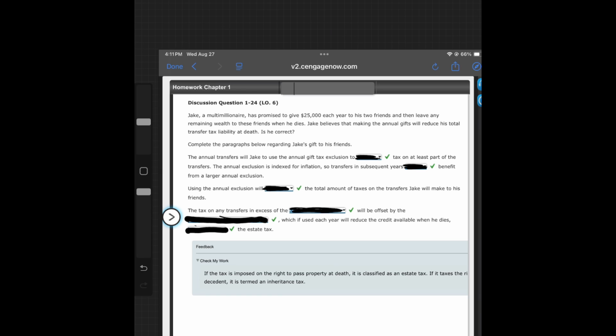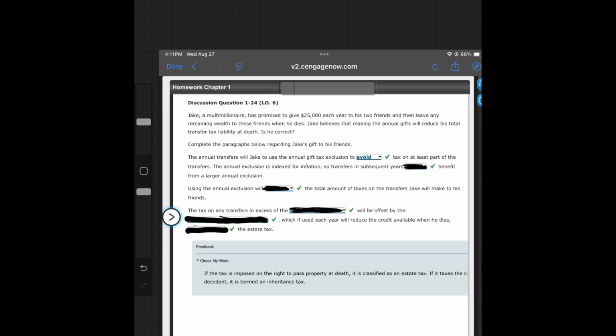So, Jake, a multimillionaire, blah, blah, blah. The annual transfers will allow Jake to use the annual gift tax exclusion to avoid tax on at least part of the transfers.